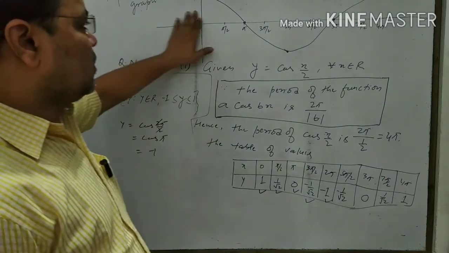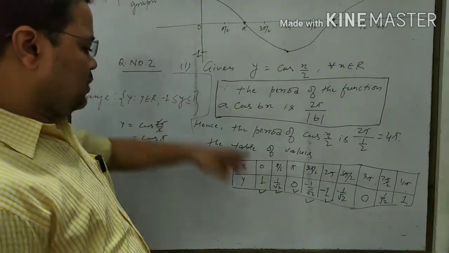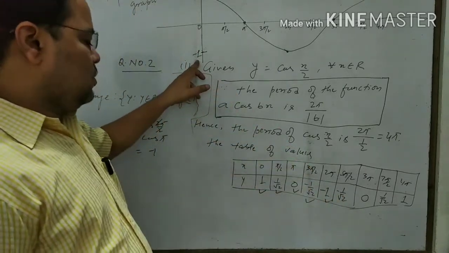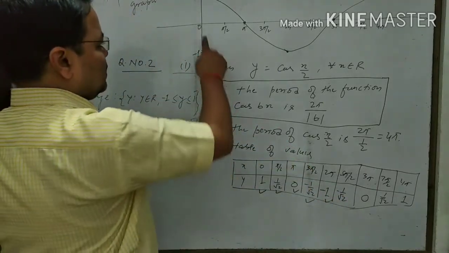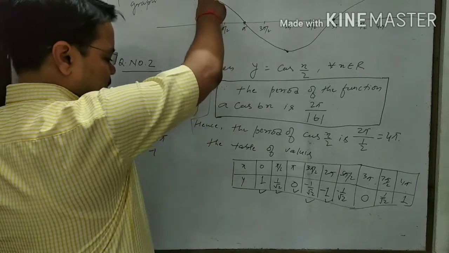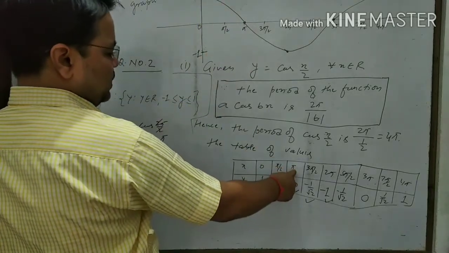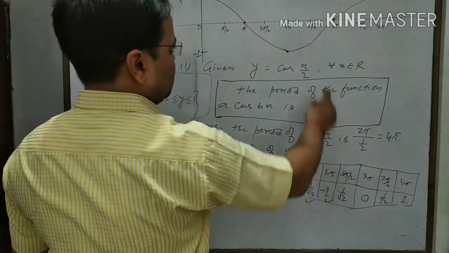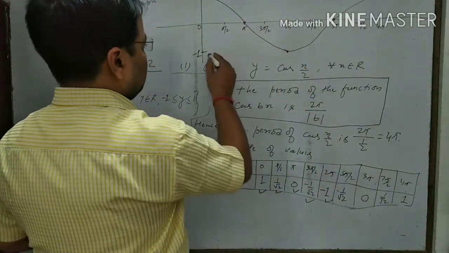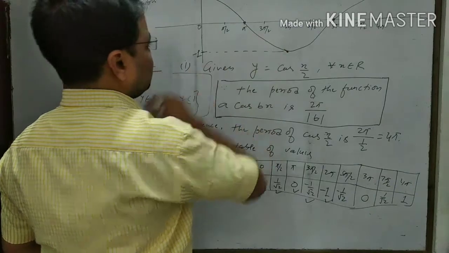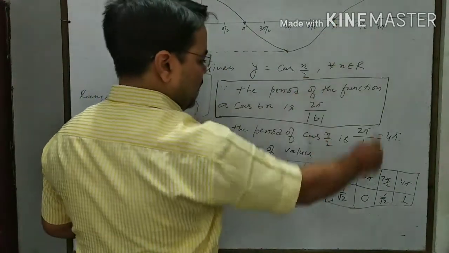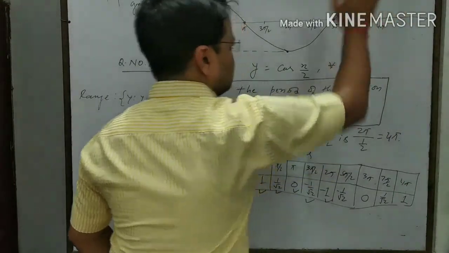Now we just plot this. Here the maximum value is 1 and the minimum value is minus 1. At x is equal to 0 it will be 1, at x is equal to pi its value will be 0, at x is equal to 2 pi its value will be minus 1, and similarly at 3 pi its value is 0, and at 4 pi its value is 1.